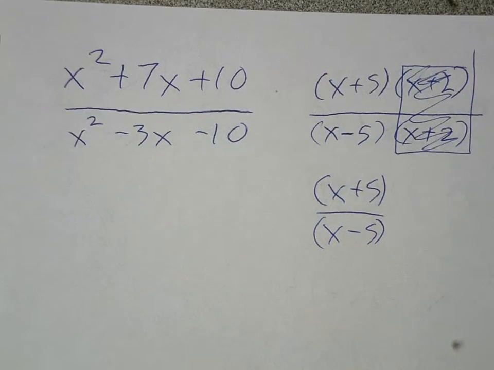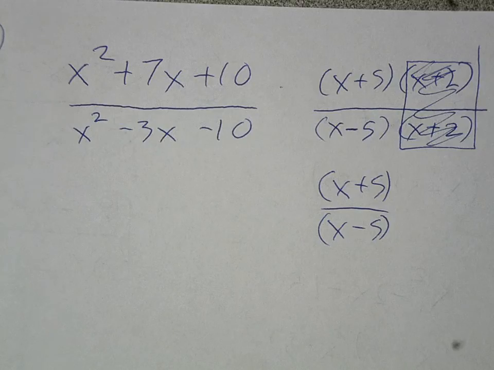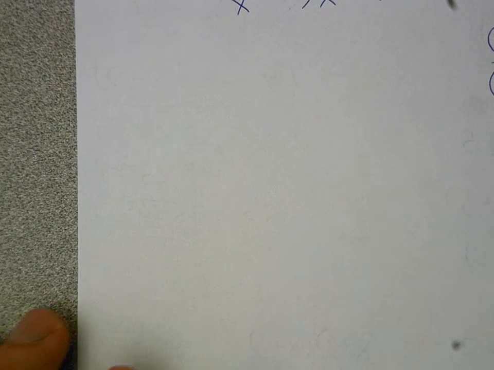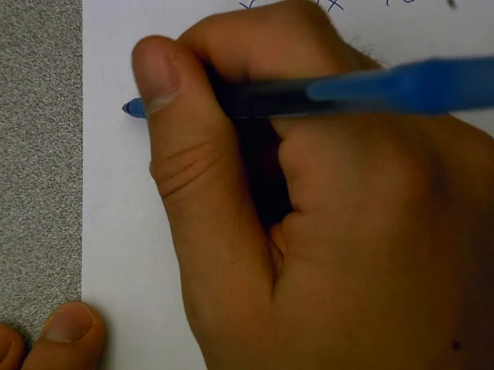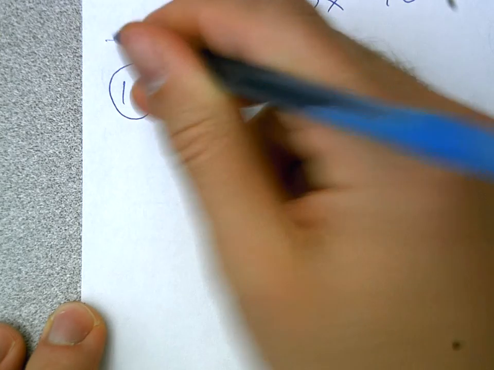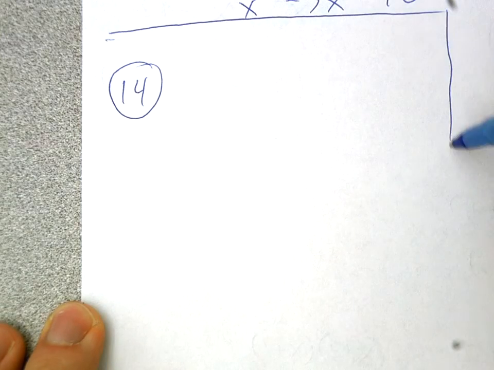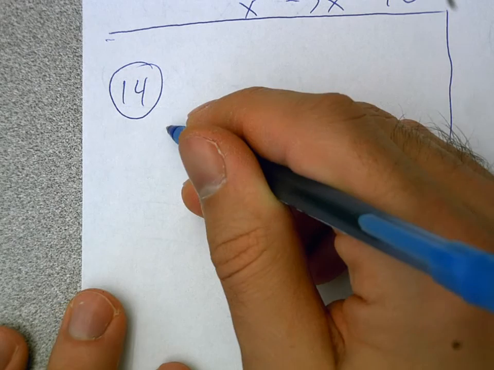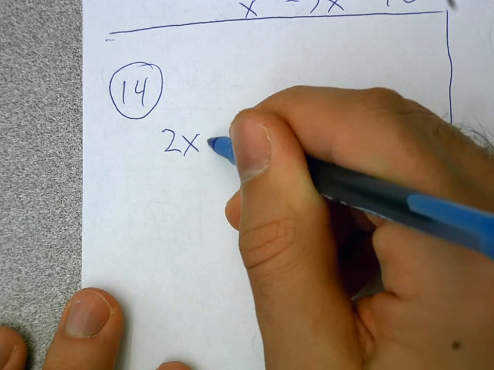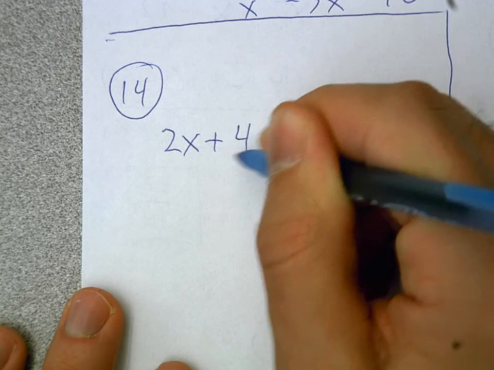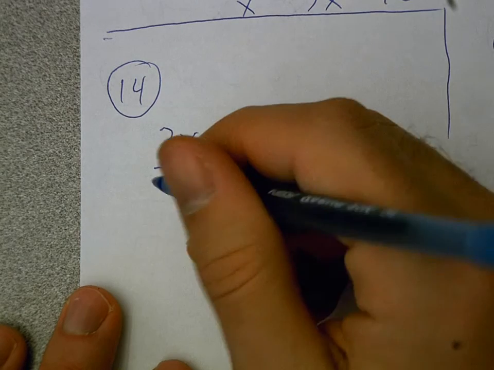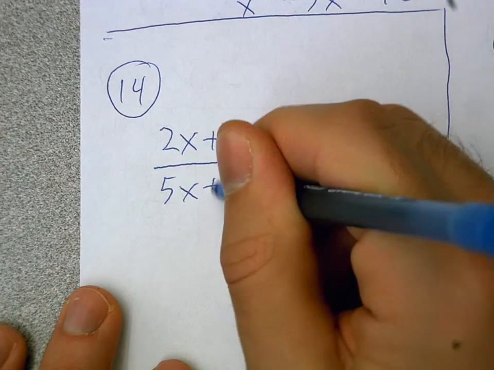Now we did some multiplication as well. So let's take it up one more step. Number 14. Let's try the same idea. 2x plus 4 over 5x plus 5.